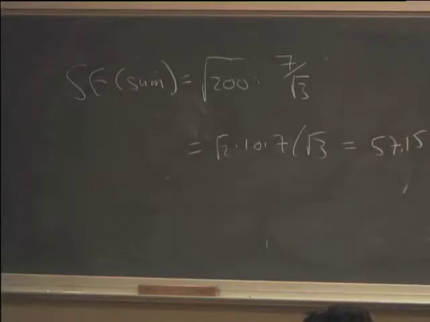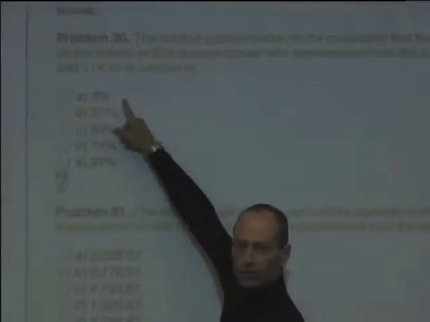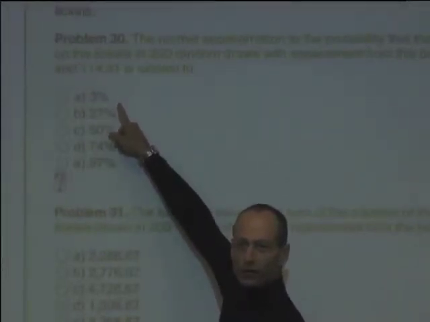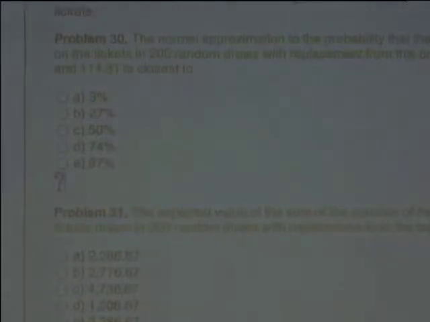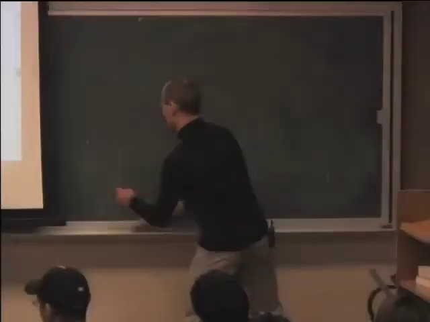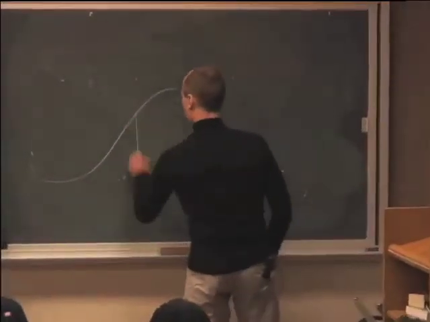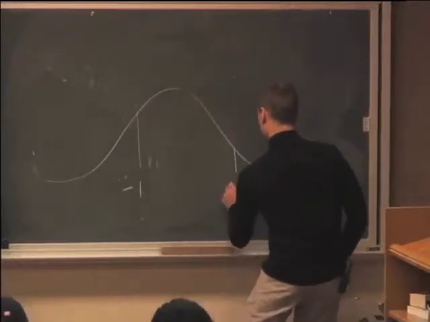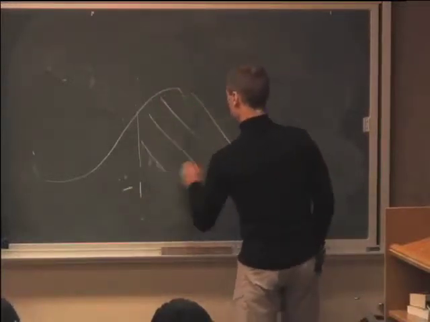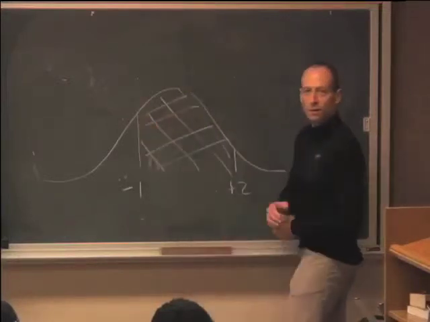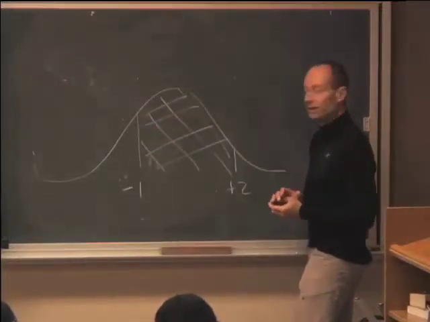All right, so this is one standard error below the expected value, right? 0 minus one standard error. The expected value is 0. And that looks a lot like 2 standard errors above the expected value. So what we're being asked to do, the normal approximation, once we've changed things to standard units, we're looking at the area under the normal curve from -1 to +2. Yep, that would be the normal approximation of that probability.